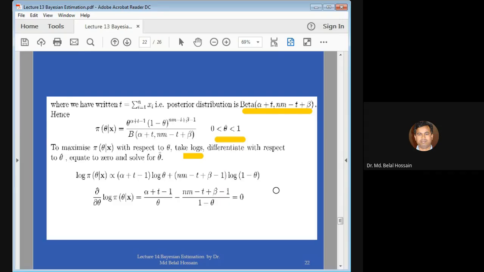Okay, that is a decreasing function or not. If it is a decreasing function, that says that a maximum exists just before that point. So we want to find the first derivative. We take the logarithm, and you know when you take the logarithm of this, it is actually log of 1 minus theta. So alpha plus t minus 1 divided by theta.